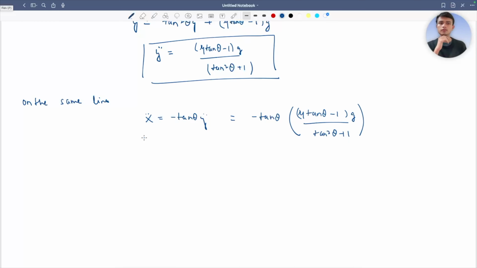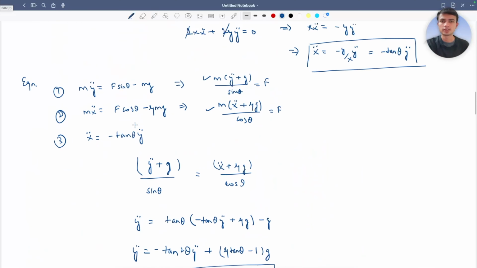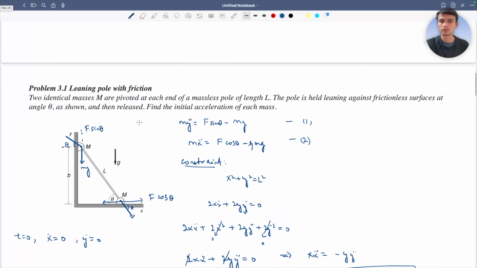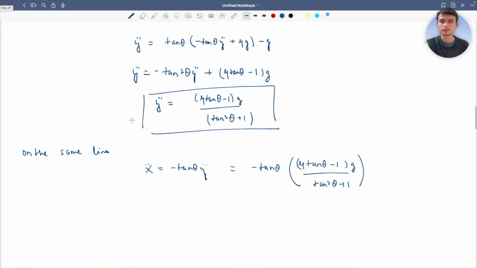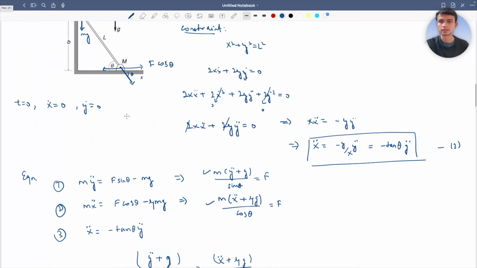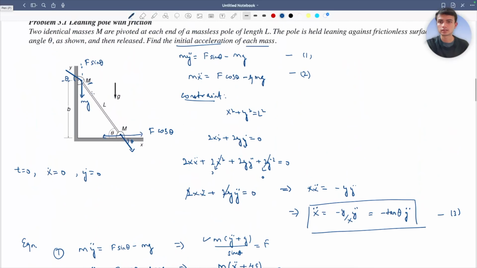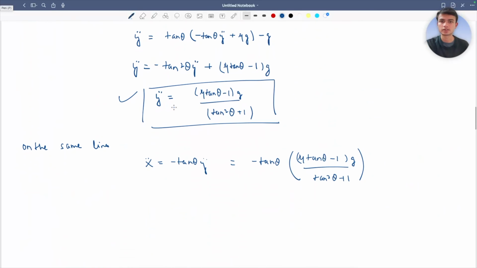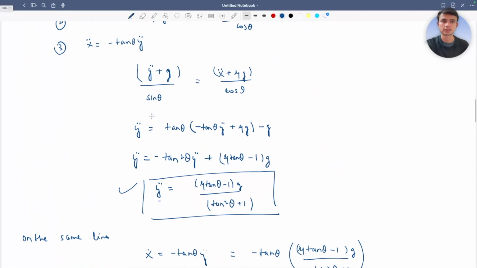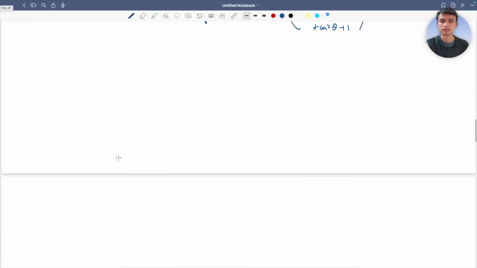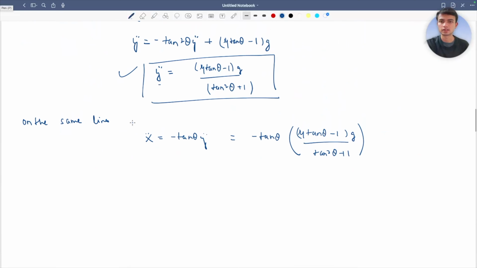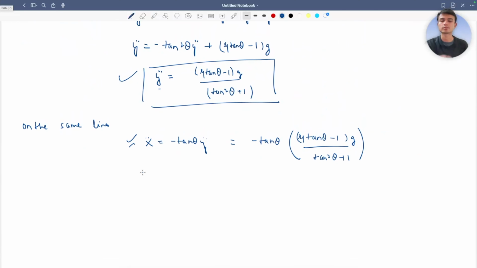Now if you want to further simplify this expression, you can. So with this, I have achieved my goal to find the initial acceleration of each mass. For the first mass, I have my initial acceleration given by this, and for the mass over there on the ground, I have my initial acceleration given through this expression.